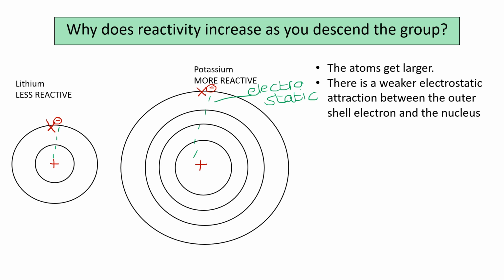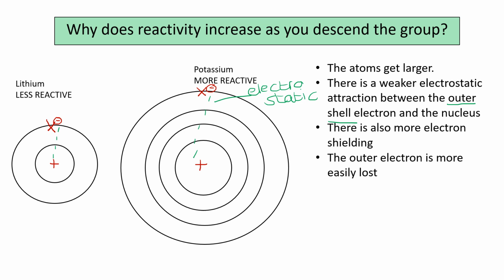It is important that we mention the words outer shell electron and not just electron. There is also more electron shielding. This means simply more electron shells in the way of the outer shell electron and the nucleus, which again weakens the force even more. The outer shell electron is therefore more easily lost, and this makes that atom more reactive.